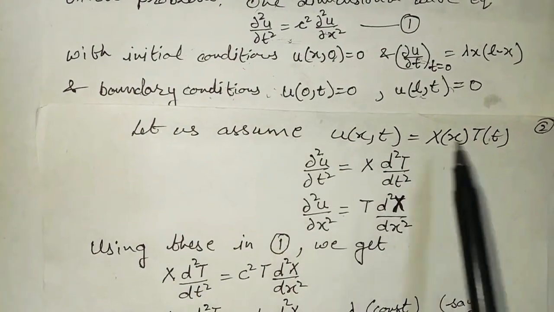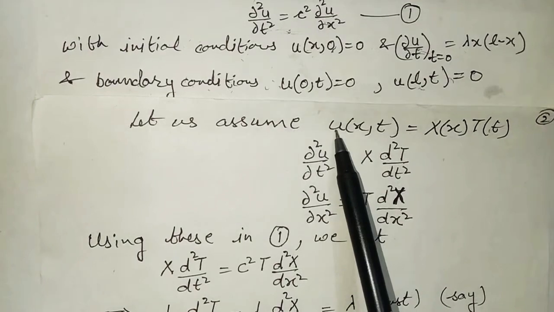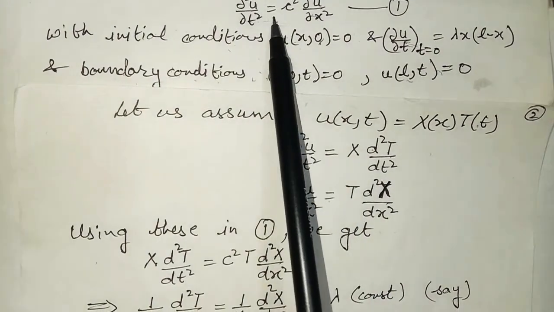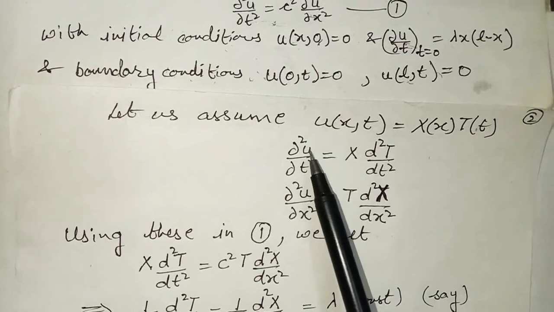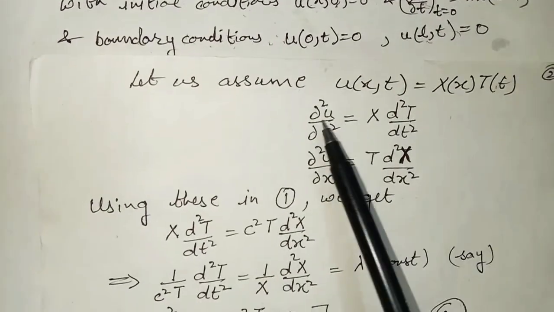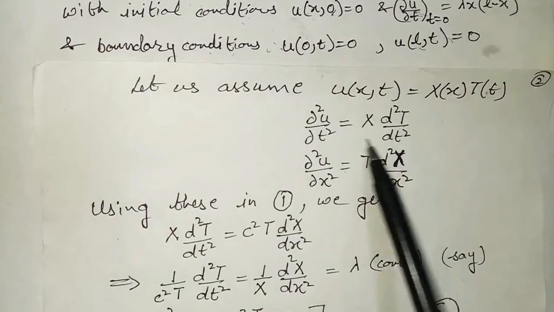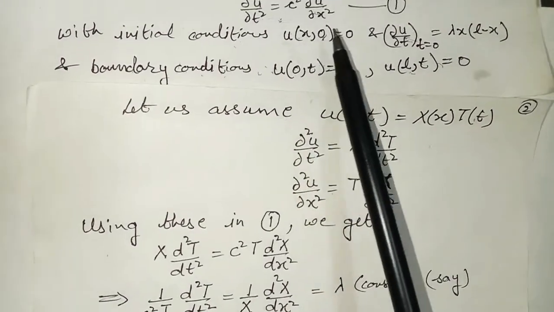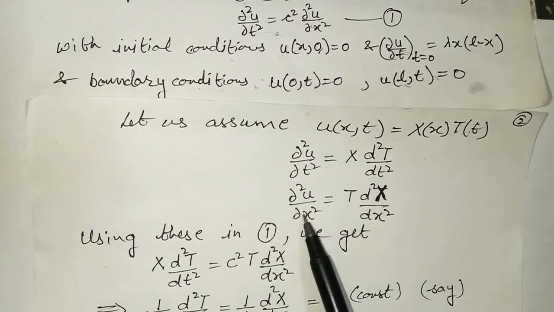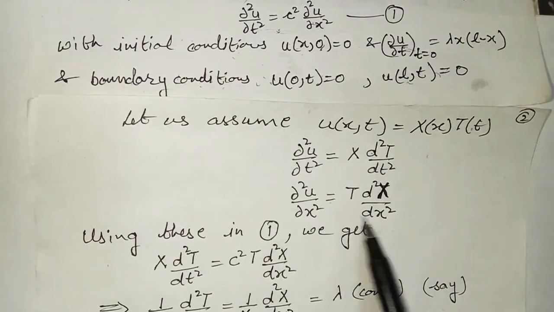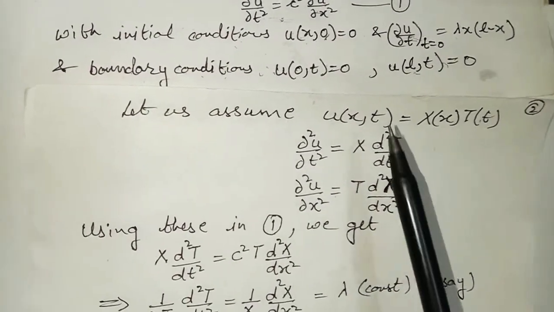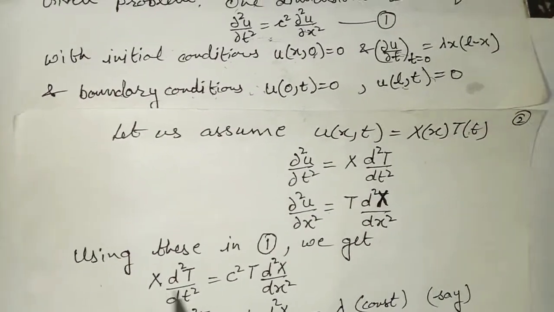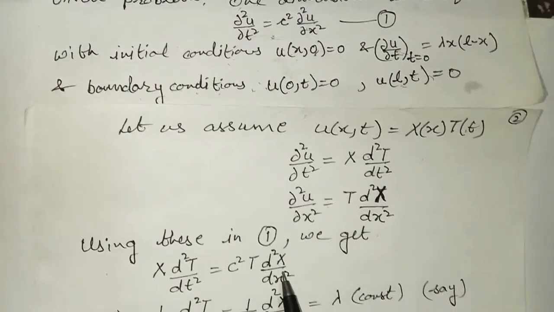So we want to use this value of u in the given partial differential equation, this given wave equation. For the left hand side, we need del square u by del t square, and this is nothing but this one. And for the right hand side, we have to calculate del square u by del x square, which is nothing but this. Now substitute these two values in equation 1.